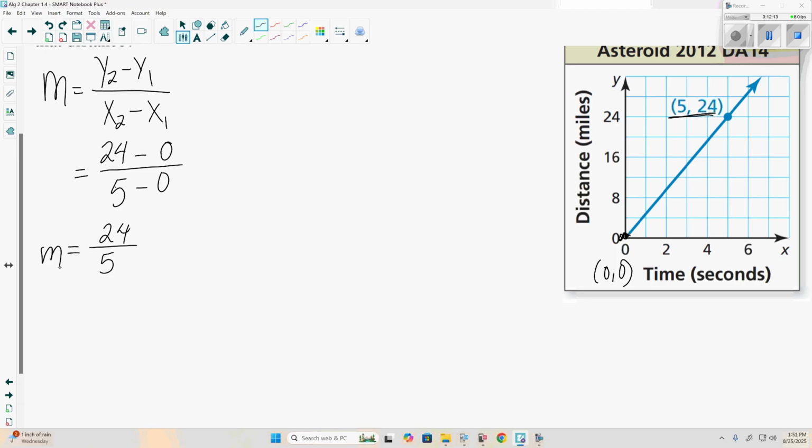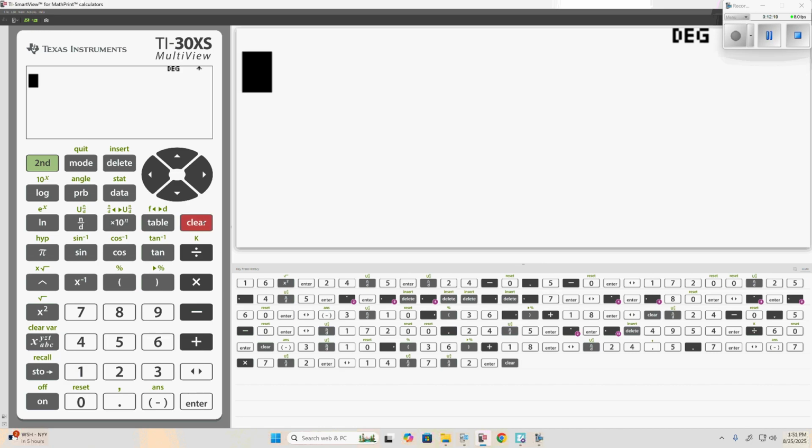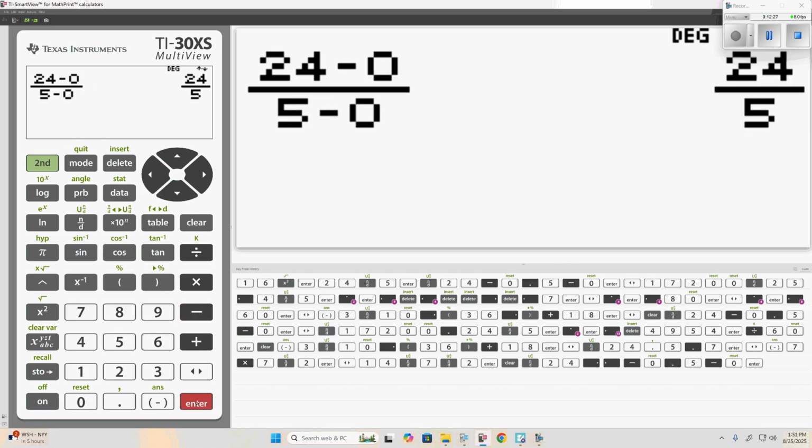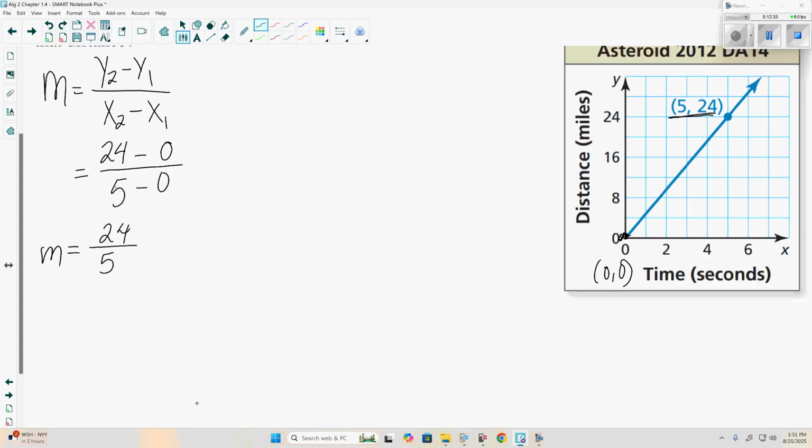Is 24 divisible by 5? So we have 24 fifths. The other way is we can plug it in the calculator: 24 minus 0 over 5 minus 0 is 24 fifths. That is as reduced as it gets. So that tells us our slope is 24 fifths.